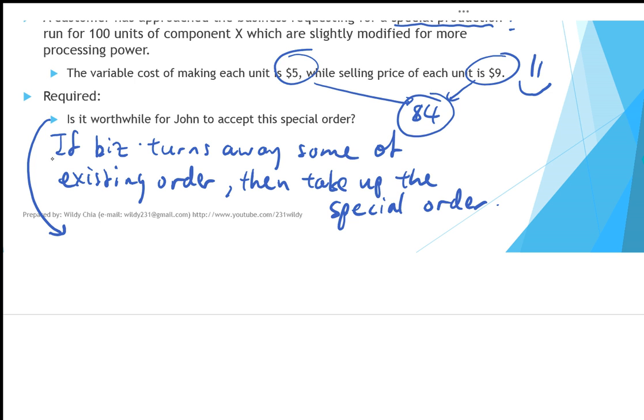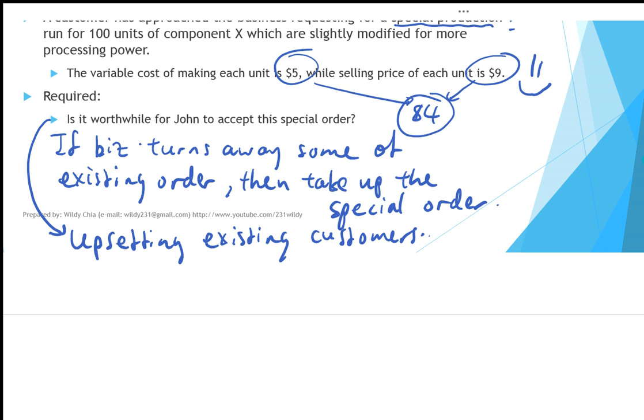They would actually end up upsetting the existing customers, because the existing customers are going to get a bad surprise that their orders are cancelled all of a sudden. So there is also this thing to consider.